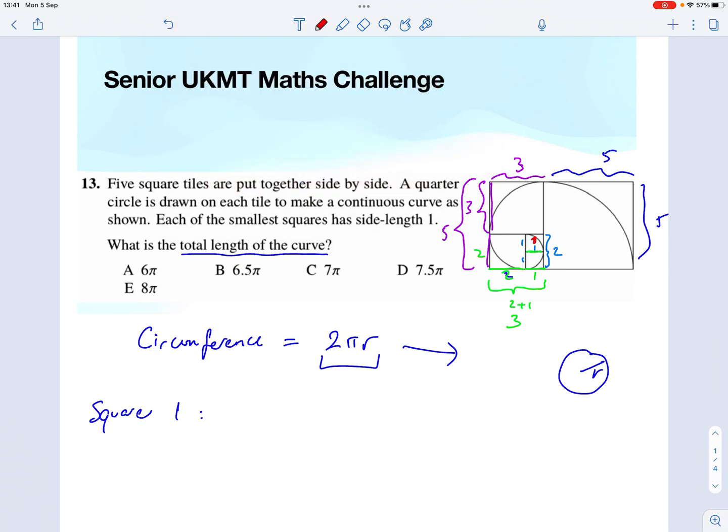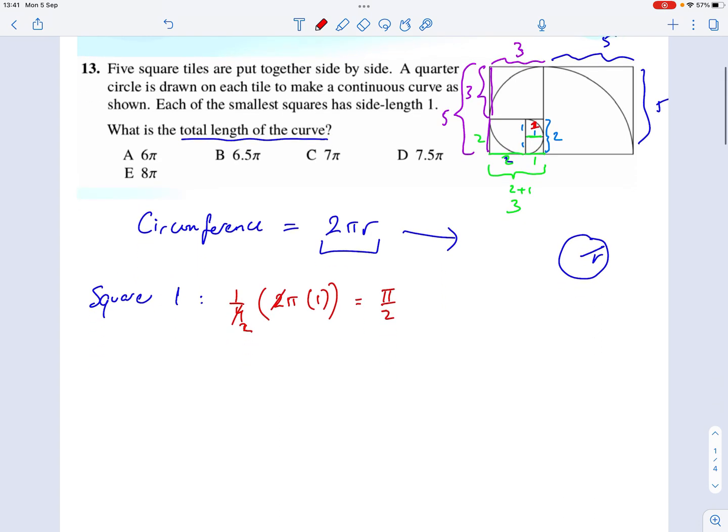So the square 1 is a quarter of a full circle. So we need to do quarter of 2 pi radius, and the radius of that quarter circle is 1. So what we get, 2 1/4 simplifies like that, which we get pi over 2.